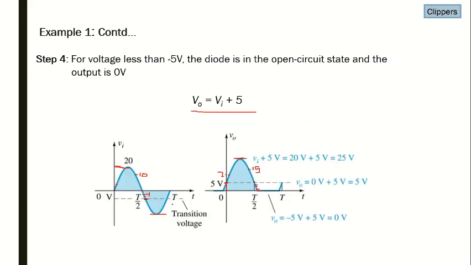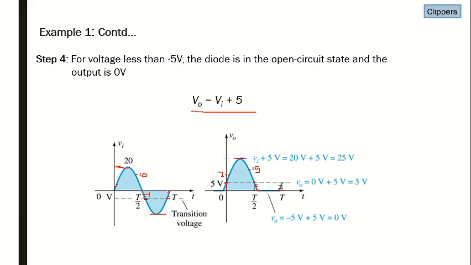Now coming to this point, when Vi is equal to minus 5, again the output is 0. When the input is minus 4, the output will be here, plus 1. Then when the input is minus 1, the output will be somewhere around positive 4.